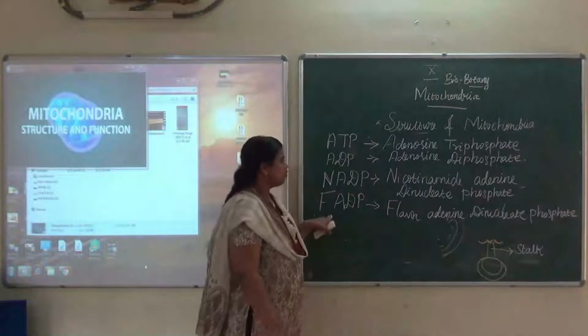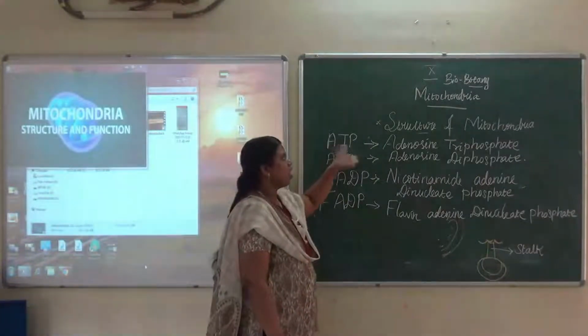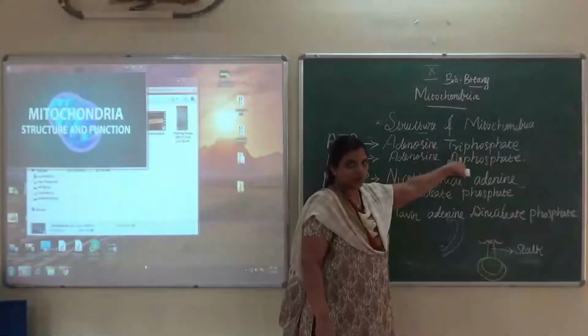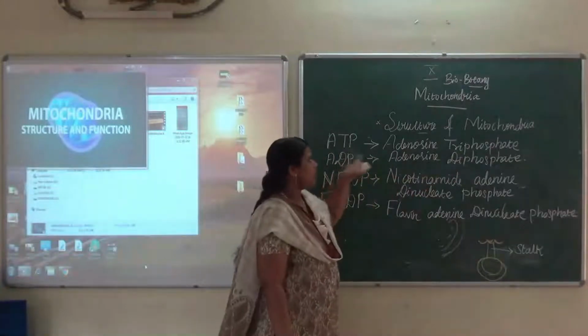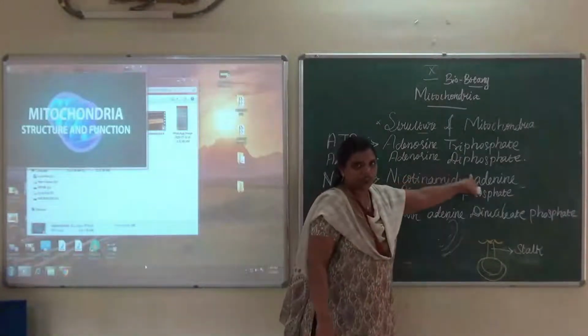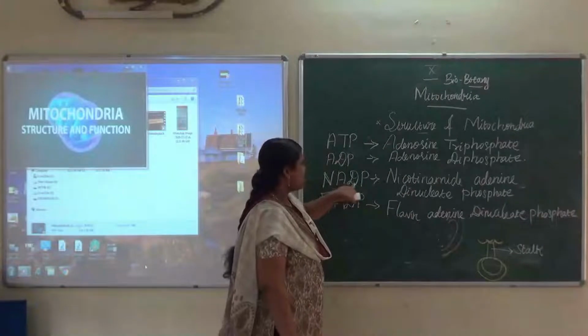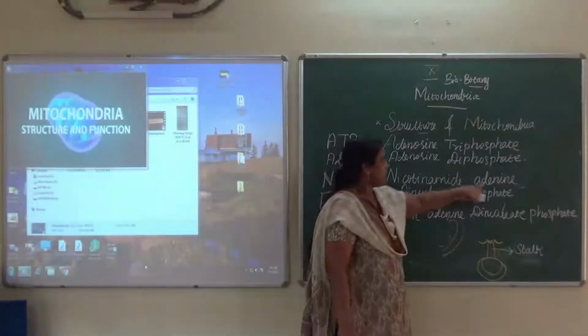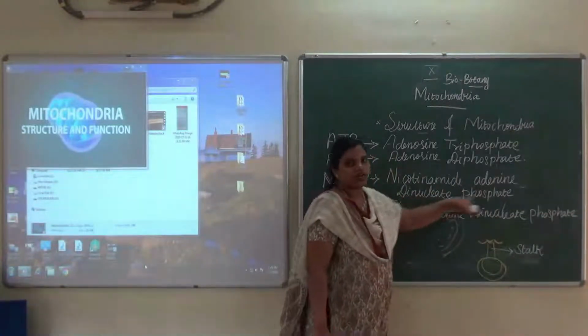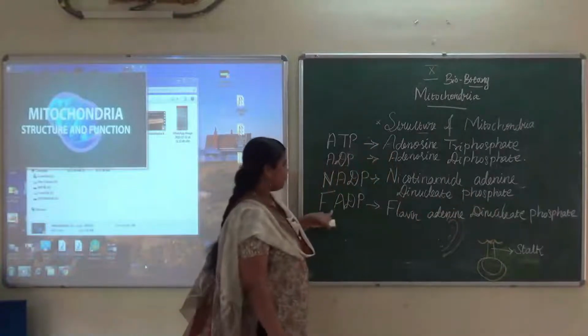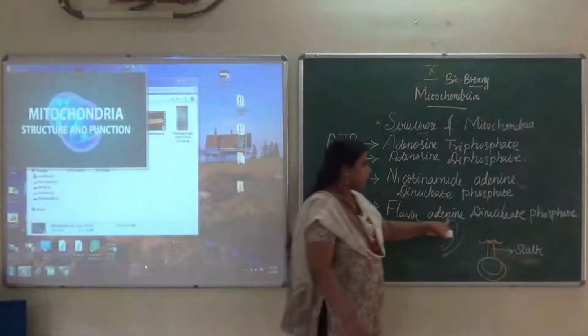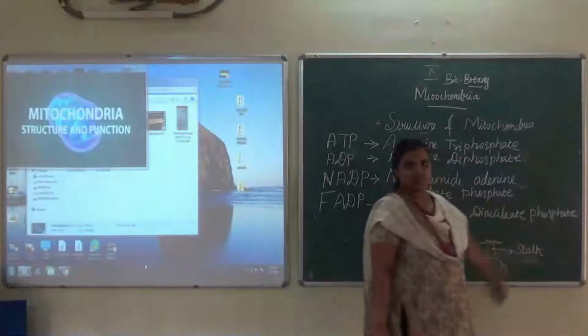This is for the full forms of ATP, adenosine triphosphate; ADP, adenosine diphosphate; NADP, nicotinamide adenine dinucleotide phosphate; and FADP, flavin adenine dinucleotide phosphate.